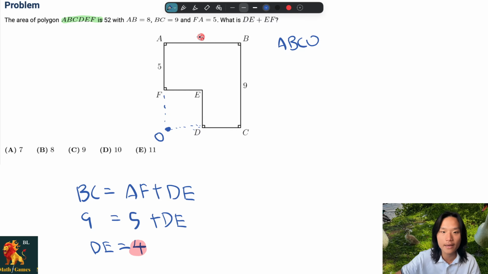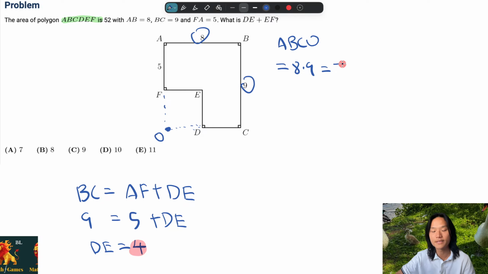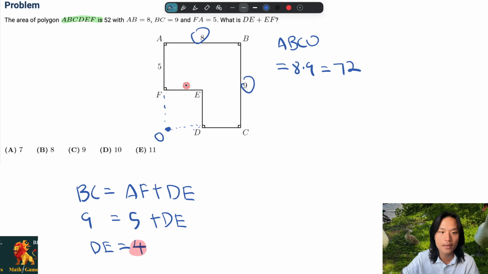We know that the rectangle has length 8 here and length 9. So the area of the rectangle is 8 times 9, which is 72, okay? And we are given that the area of the polygon is 52.